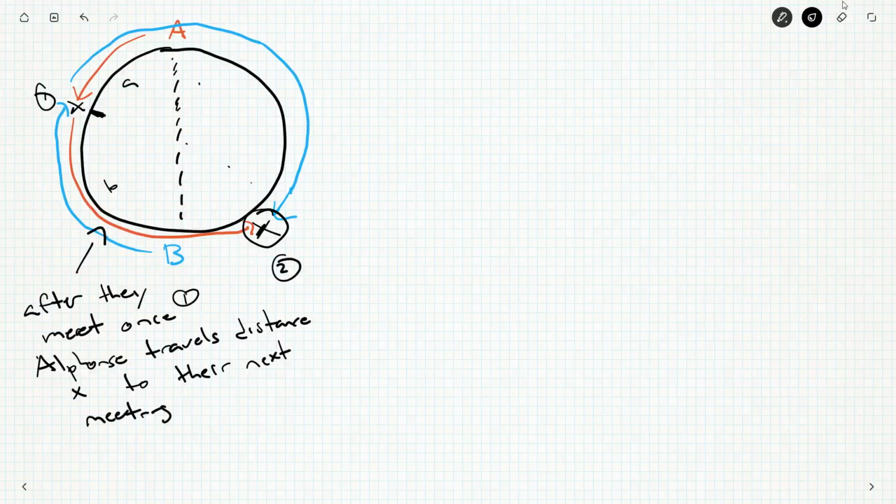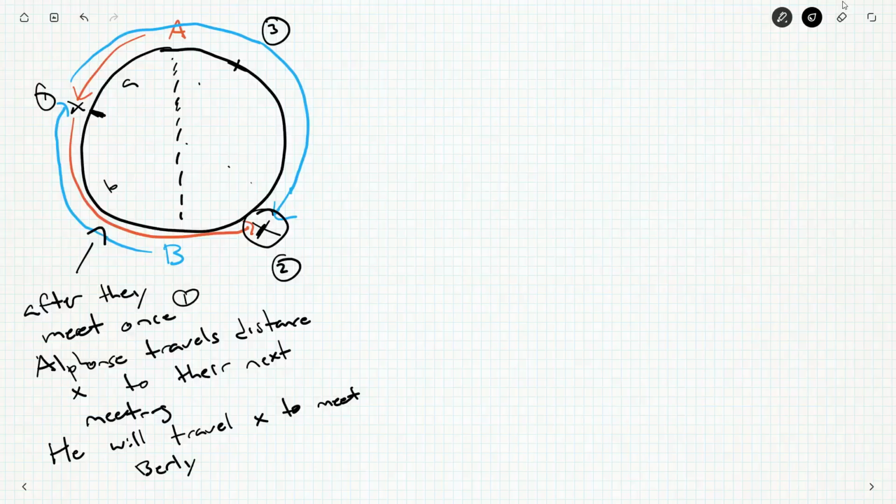And then they're going to meet at another time at some third point, 3. But why would he travel more or less than he did the first time? Right? They're still starting from the same point. They're still going around the same sized circle. The next time he goes distance x, Beryl will have gone the other amount of the circle again, because they're moving at constant speeds.